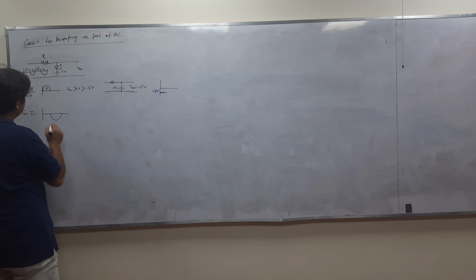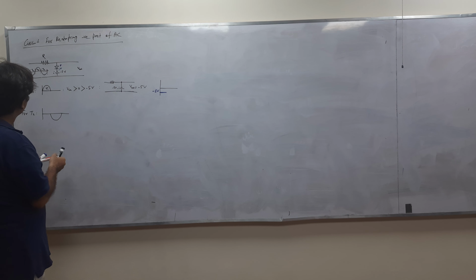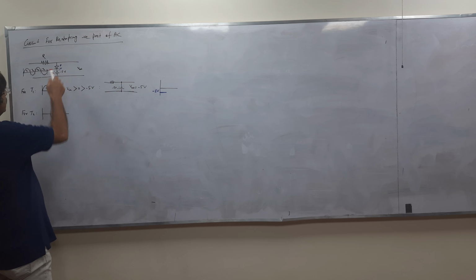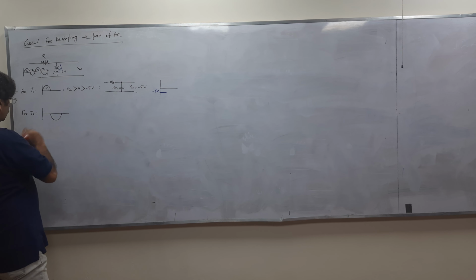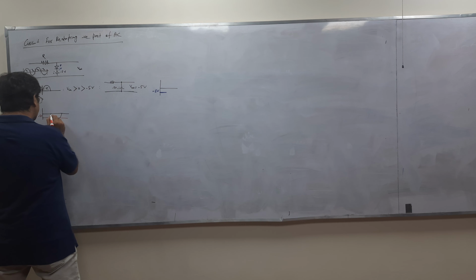But for T2, I have enlarged it to understand the concept. Because now the current is decreasing, there will be 3 parts, and the battery is negative 5 volt. If this is the negative part, that is minus 5 volt.